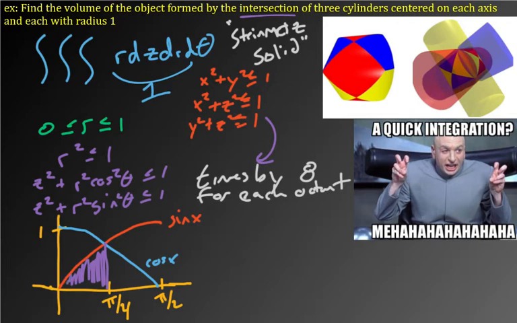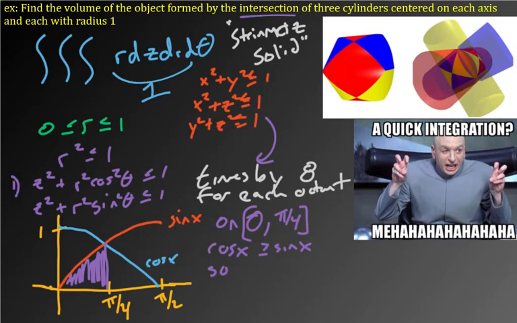So on the interval 0 to pi over 4, cosine of x is bigger than or equal to sine of x. So if I do z squared, I want to solve these for z, which is probably best. So I'm going to solve both of these for z.